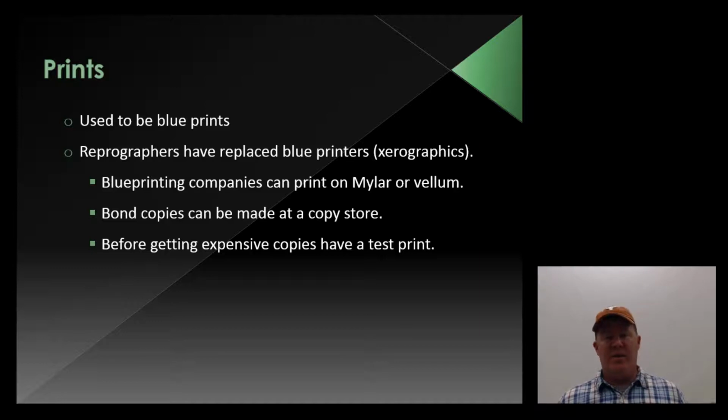Blue line paper reminded me of the old blueprints that we used to have, but then we also got the black line prints that we would use pretty much for our rendered drawings of the master plan and of the sections and perspectives that we drew. But reprographers have replaced the blueprinters that were called the zero graphics.